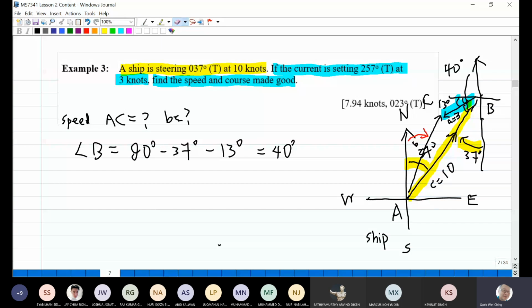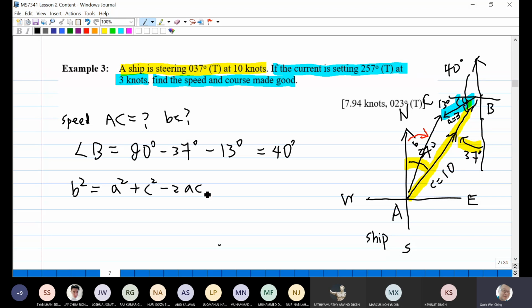So AC squared, which is actually B squared now. B squared is equal to A squared plus C squared minus 2AC cosine B.